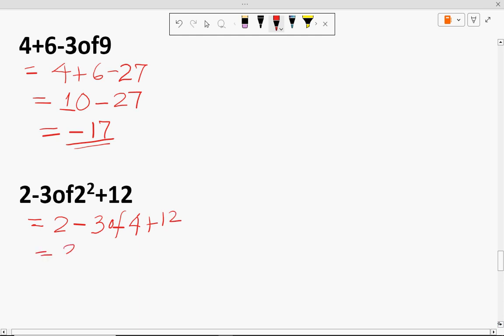Now 2 minus 3 of 4 is 12 plus 12. For addition, 2 and 12 are the positive integers, so they will get added, that is 14 minus 12, and so the answer is 2 in this case.